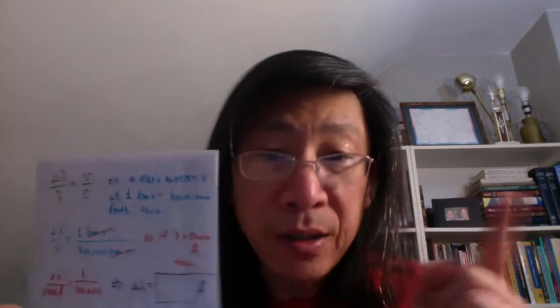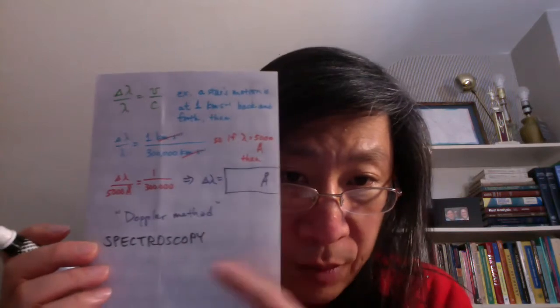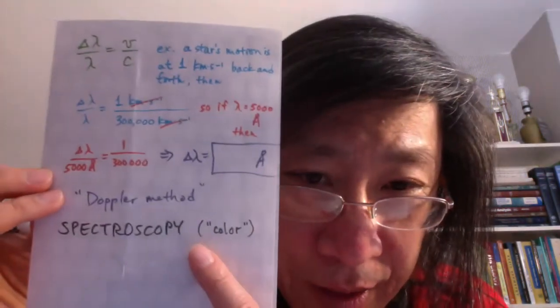We've talked about a bunch of those things, and you've used it in your lab classes. Spectroscopy is therefore the study of light and its different colors. In a general sense, spectroscopy could be the study of objects and their colors, right?